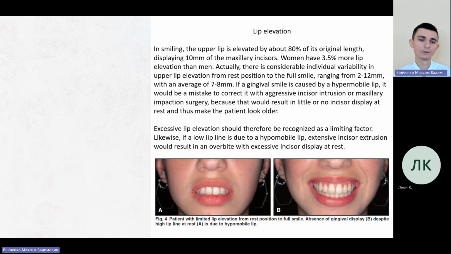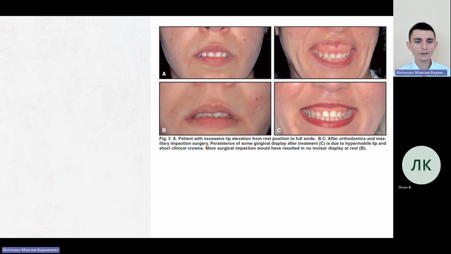Here you could see the patient with limited lip elevation from rest position to full smile. Absence of gingival display despite high lip line at rest is due to hypomobile lip. Here you can see a patient with excessive lip elevation from rest position to full smile.